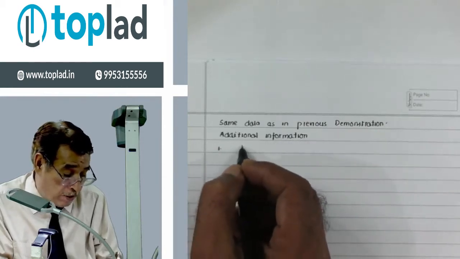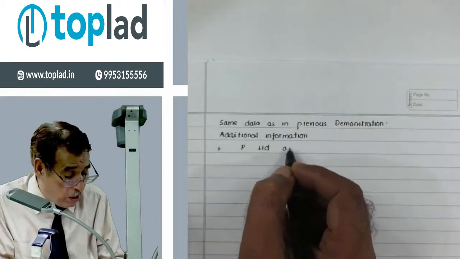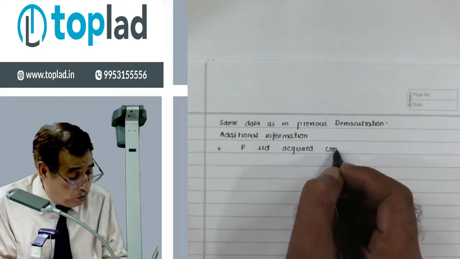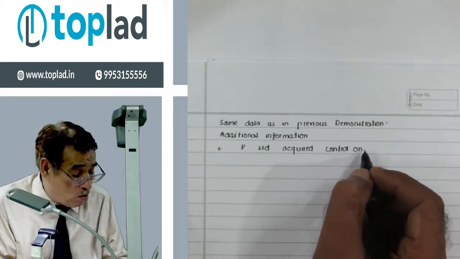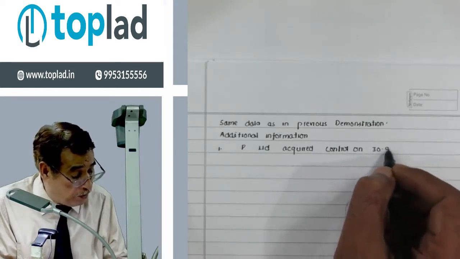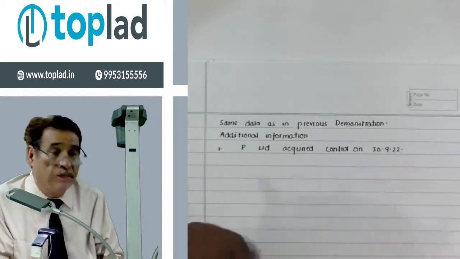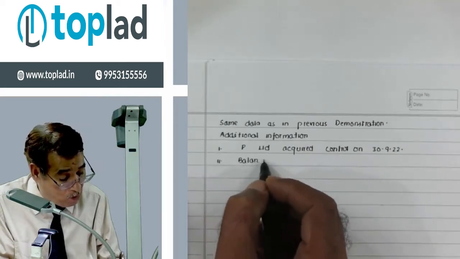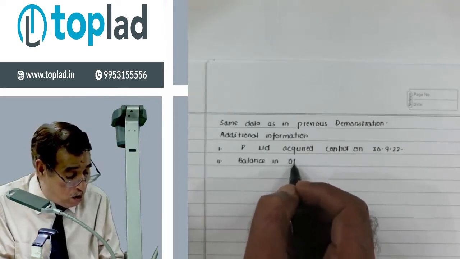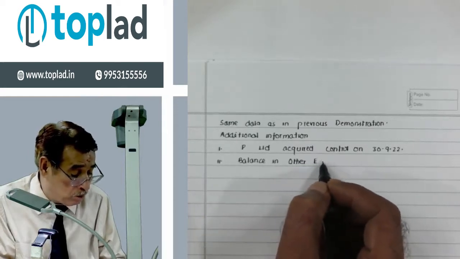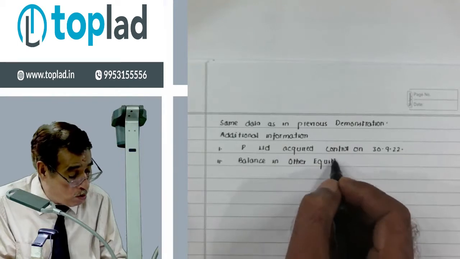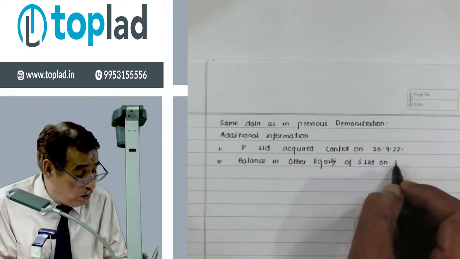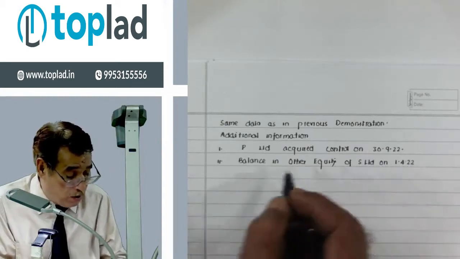Additional information is that P Limited acquired control on 30th of September 2022, and further you are given balance in other equity of S Limited on 1/4/2022 is rupees 1 lakh.